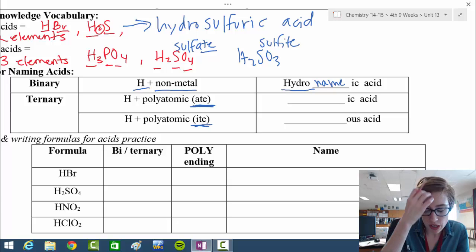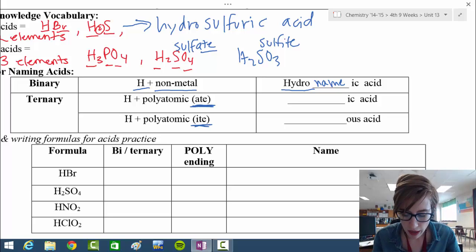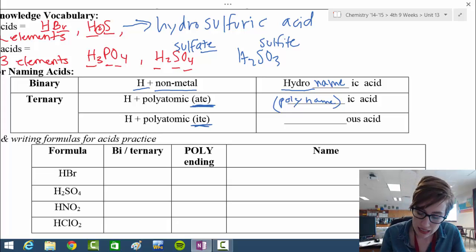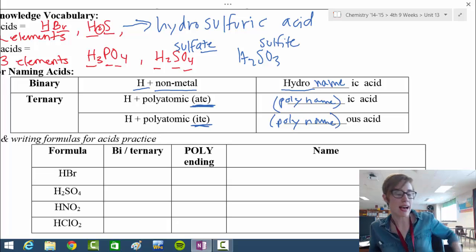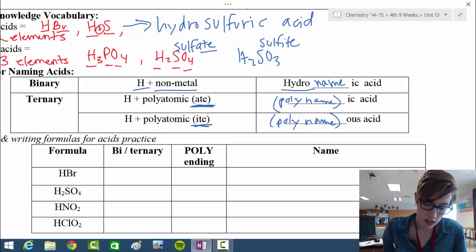If you have an H with a polyatomic that ends in ate, you write the name of the polyatomic here, and then you add ic acid. There's no hydro in front. If you have a polyatomic that ends in ite, you put the polyatomic's name here, and you put the ending ous acid at the end. Again, there's no hydro. Hydro is only for a binary acid.